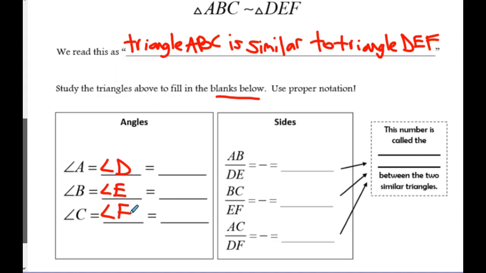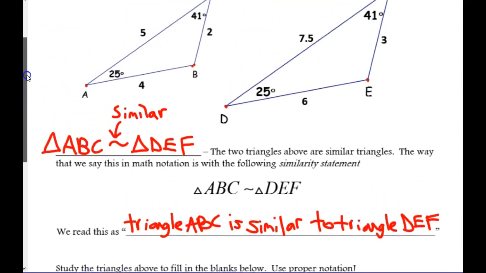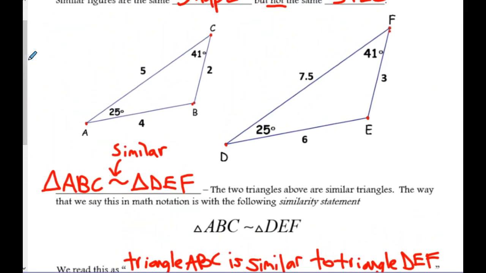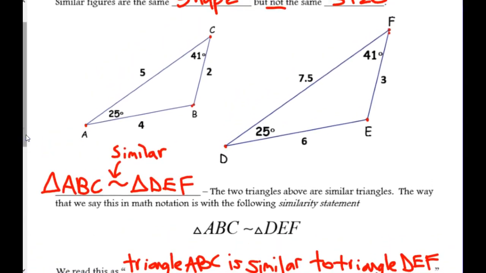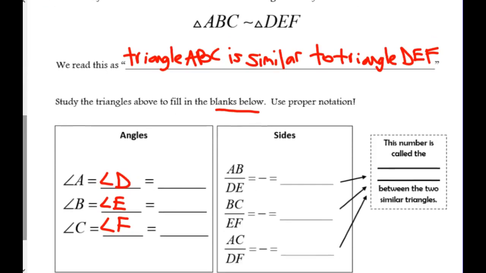A goes with D, B goes with E, C goes with F. And then up here, what is angle A and angle D's measurement? They're both 25 degrees, the exact same measurement, right? So let's put that down here. 25 degrees.